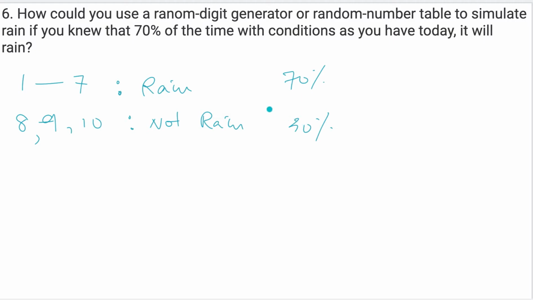So by assigning 1, 2, 3, 4, 5, 6, 7 to be rain, and 8, 9, 10 as not raining, you can generate the random digits and record the result. Okay? And then it's very much simulating the situation of this example.